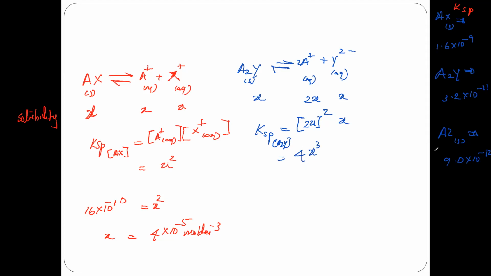And now you can substitute the value, 3.2 into 10 to the power of minus 11. You can write 32 into 10 to the power of minus 12, which equals 4x cubed. If you cancel, you will have 8 into 10 to the power of minus 12 equals x cubed. So x is 2 into 10 to the power of minus 4.